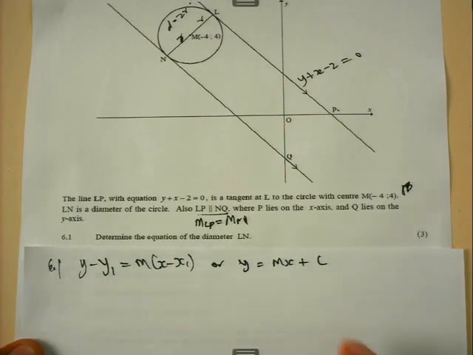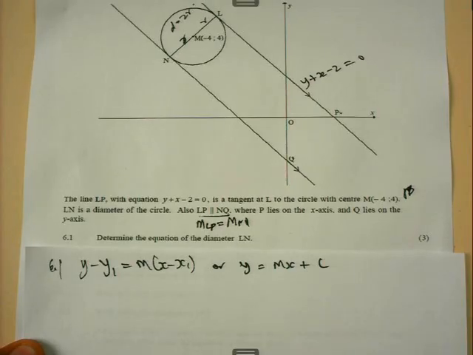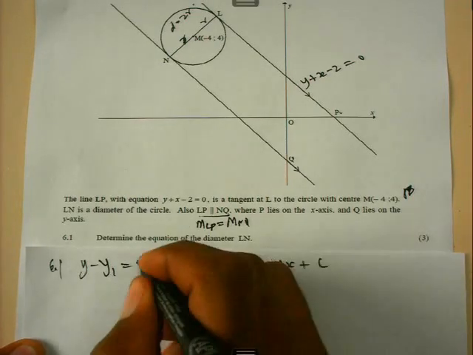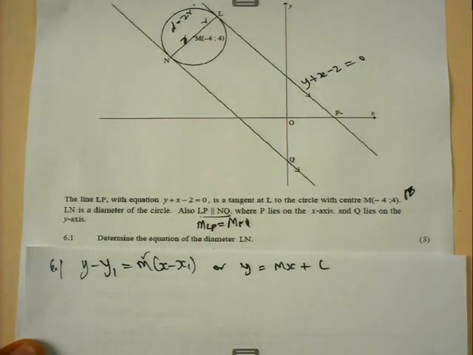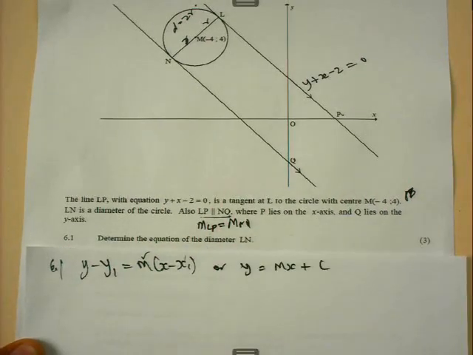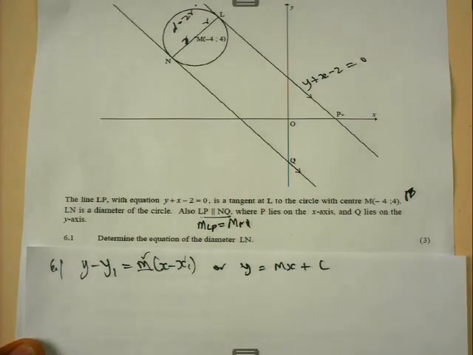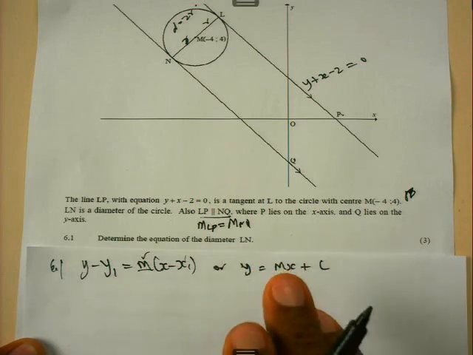Immediately, once you have the formula, you can identify that for me to use this formula, I need the gradient of that line as well as a point on that line. Of course, for me to determine the gradient, I need 2 points on the line, right?